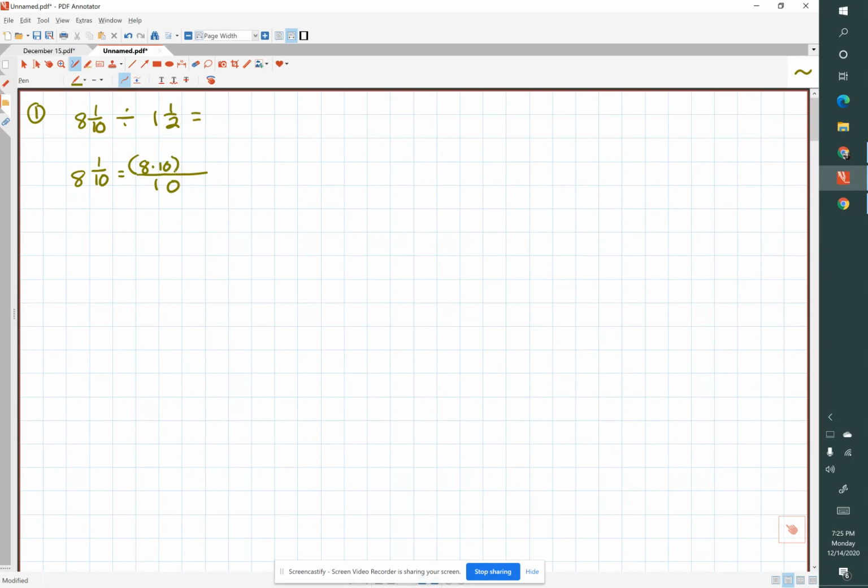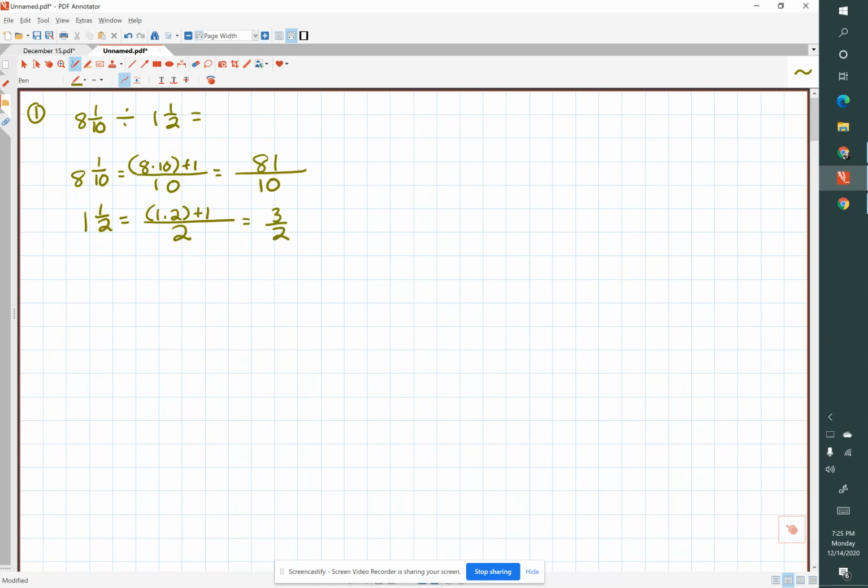Eight times 10 plus 1. 8 times 10 is 80, plus 1 is 81 tenths. Now we're going to convert the 1 and 1/2. 1 times 2 plus 1 equals, 1 times 2 is 2 plus 1 is 3/2.